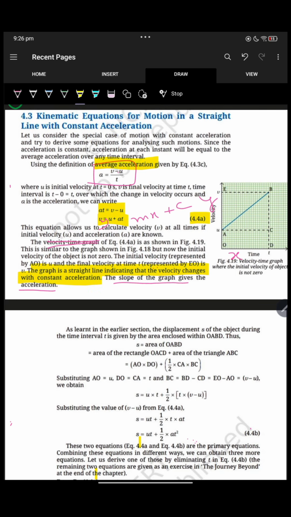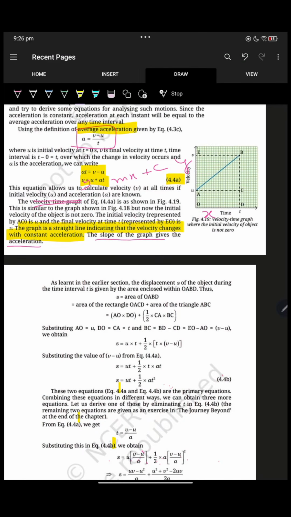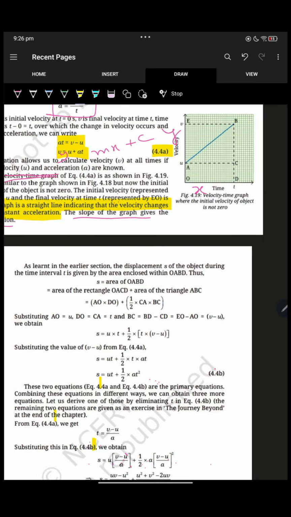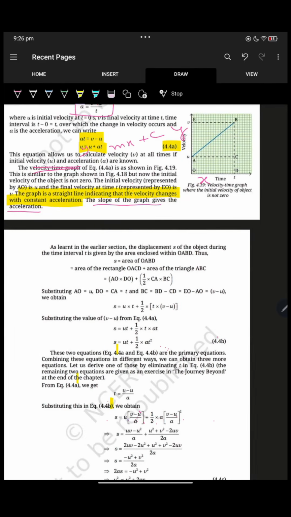Because the acceleration is constant, at any instant the acceleration should be equal to the average acceleration over any time interval.